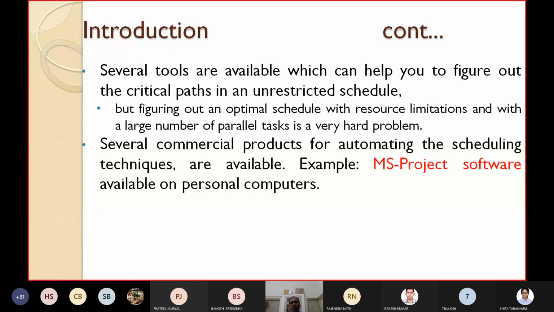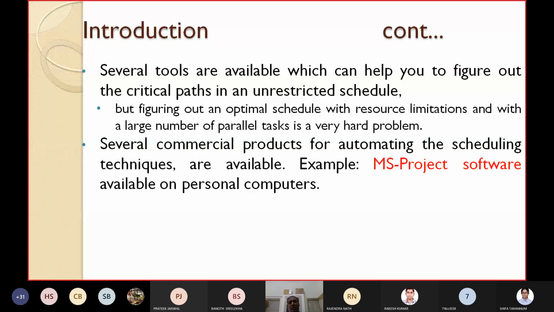Several commercial tools are available for automating the scheduling techniques. For example, MS Project software is available on personal computers with MS Office. Several open source tools I have told, such as Gantt Project and ProjectLibre. These are all open source tools that you can also use for scheduling.